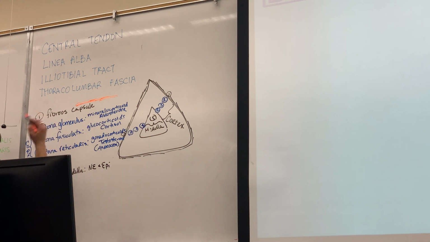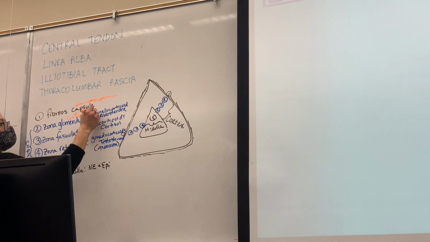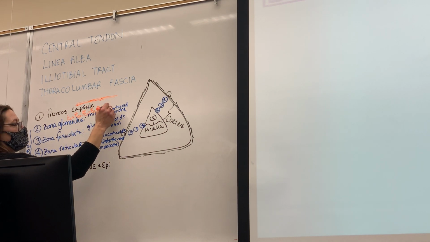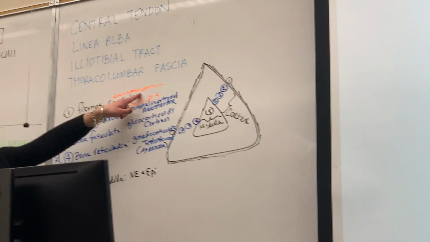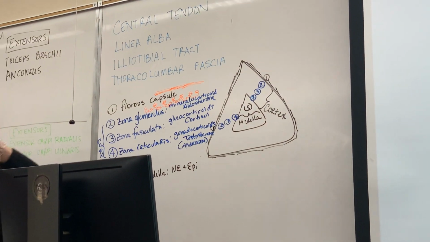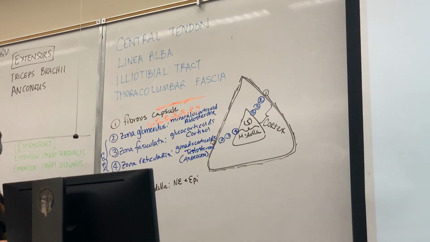And then zona glomerulosa, the cells are going to look like they're swirling around like this. It's going to be a layer where the cells look like they're swirling. And always remember that zona glomerulosa is always right underneath the fibrous capsule, okay? So always use that as a point of reference.